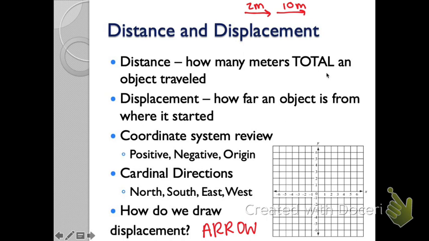Why not? Because one's 2 meters and 10 meters is not. They're the same length, the one's way. Yeah, right? I'm not showing the difference in the length. So if one was 2 meters, my 10 meter one would need to look something like that. I need to make sure that I draw them appropriately to one another. That's called drawing them to scale. Okay?